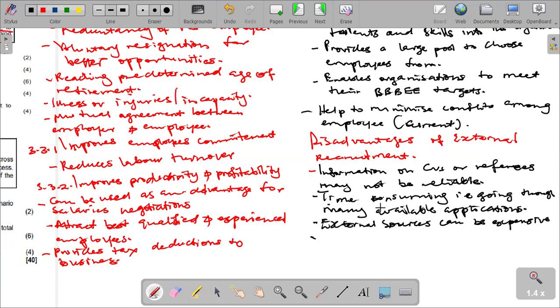And then external recruitment may limit promotion and growth opportunities, which may also cause resentment among its employees.